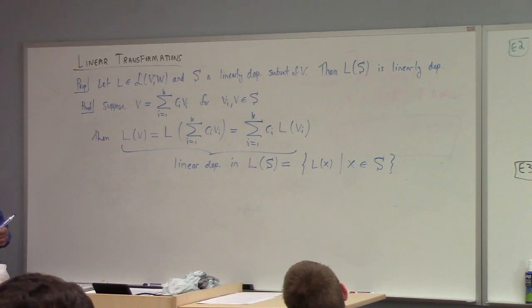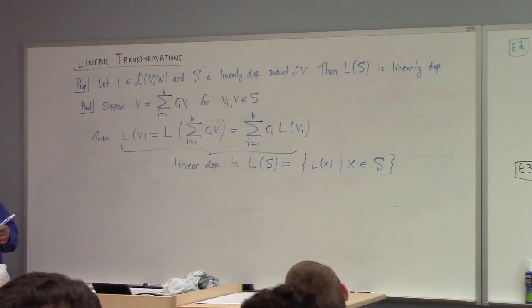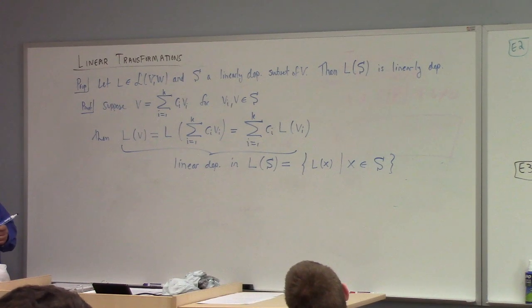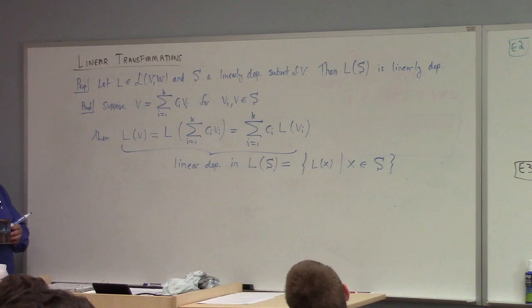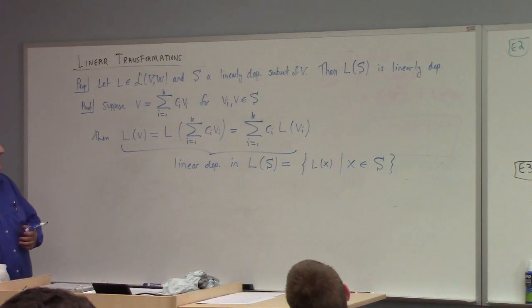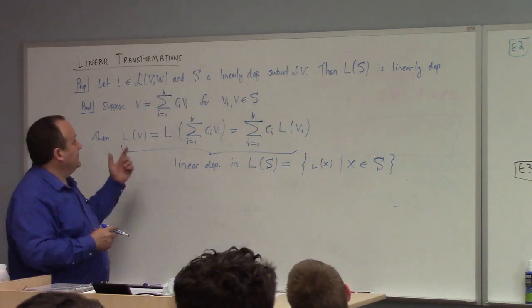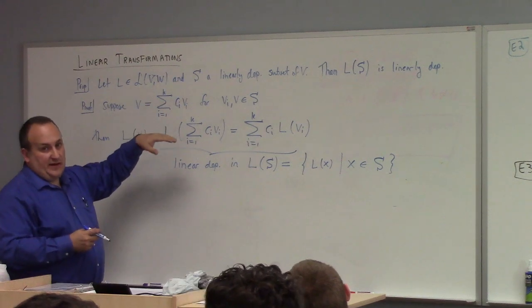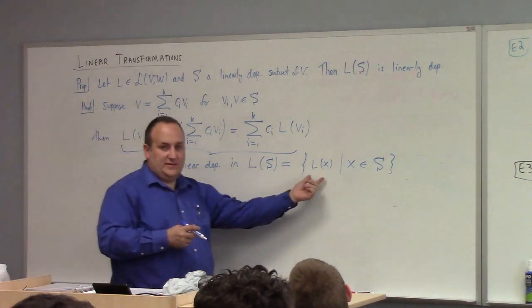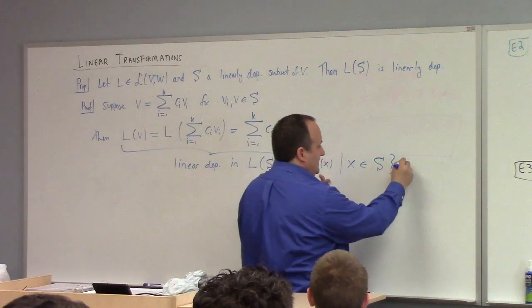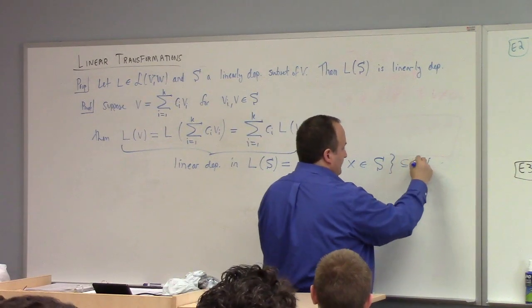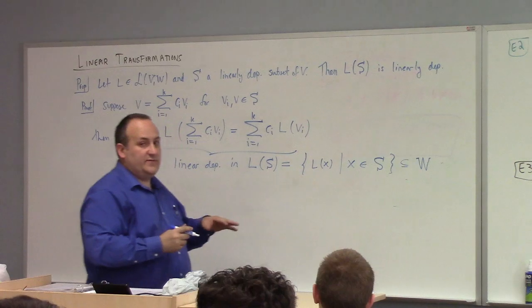Do you have to, or can you assume that L of S is a subset? Well, L of S is automatically a subset. That is true because L maps from V to W. So the output L of x has to be in W, right? So this is a subset of W. Now I didn't say that S was a subspace.